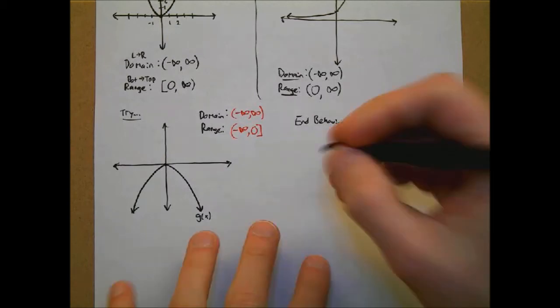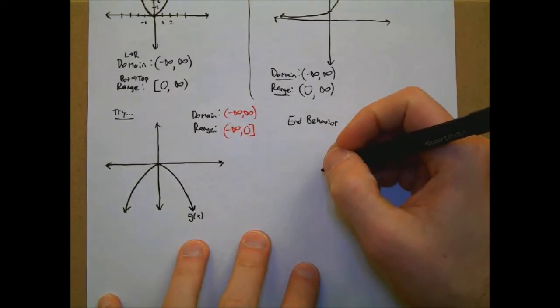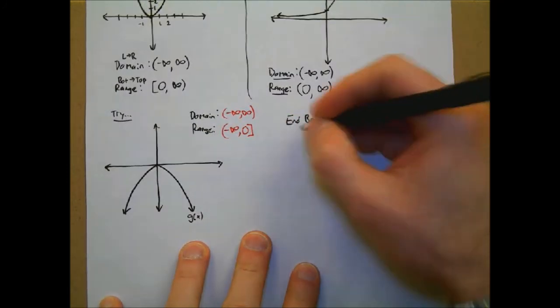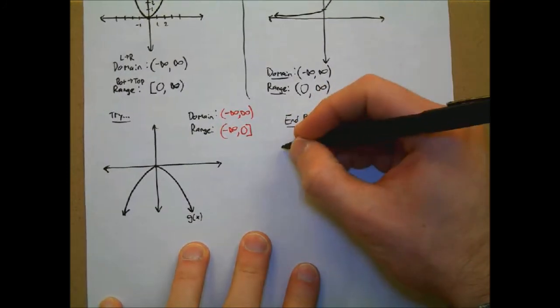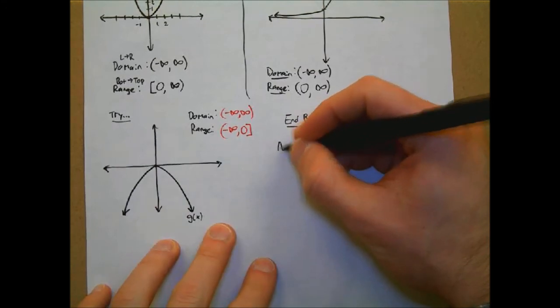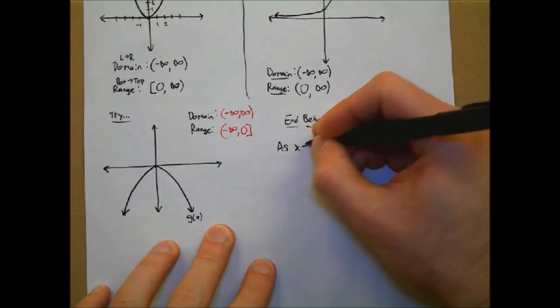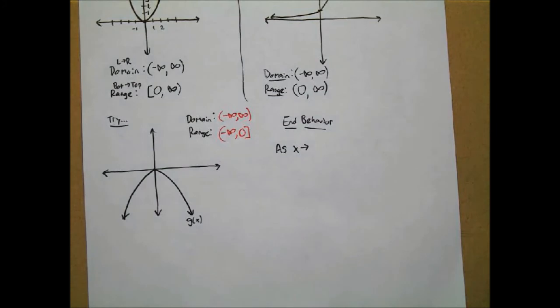We're going to describe end behavior in two ways. The starting way is going to be as x approaches, and then if we want to describe going really far to the right, what will x be approaching if we go really far to the right?